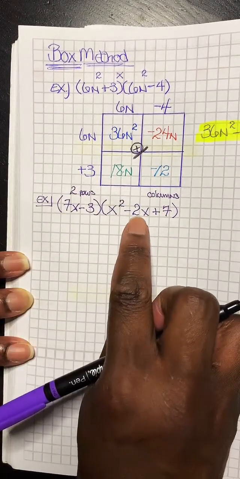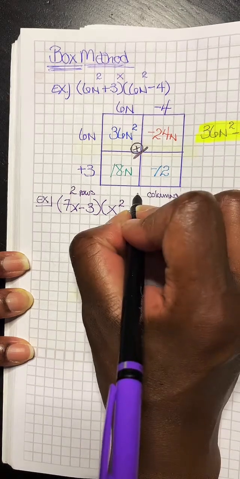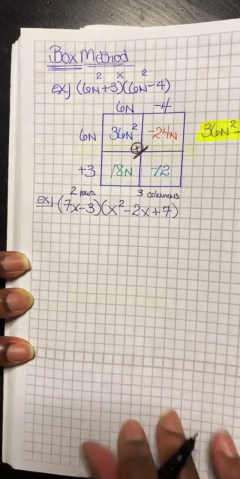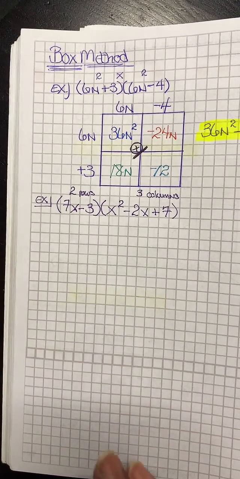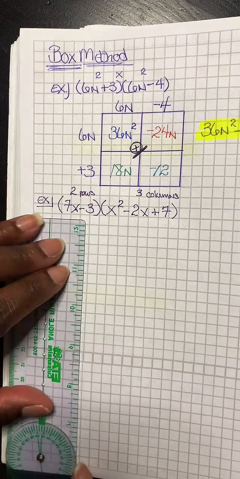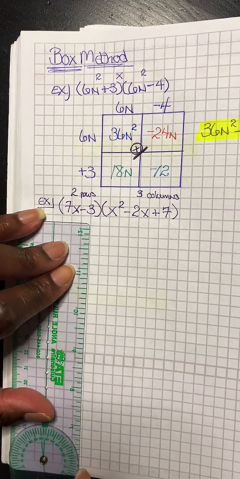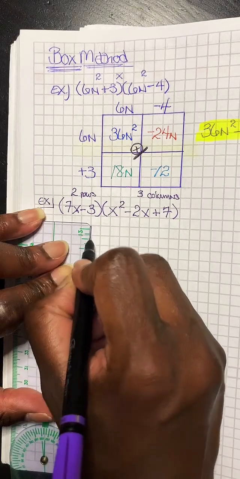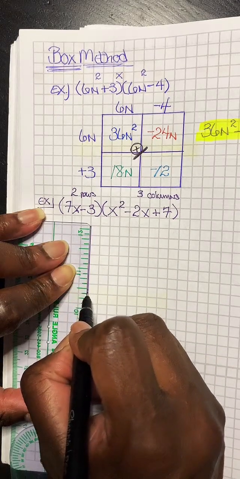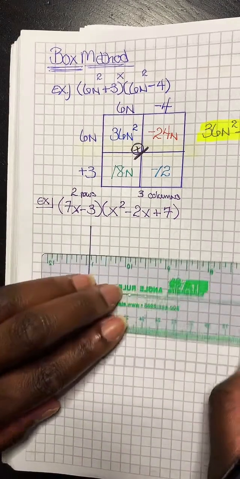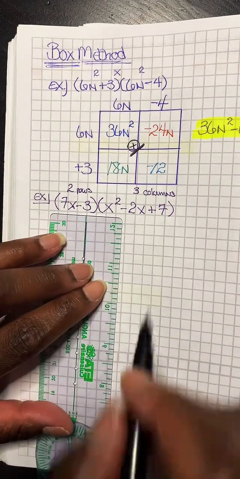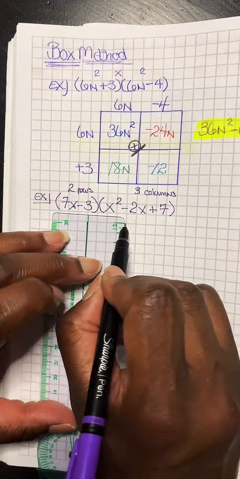And I have 1, 2, 3 terms here, and that'd be 3 columns. So take my handy dandy ruler, and we're going to draw a box with 2 rows, but we're going to go with 3 columns.